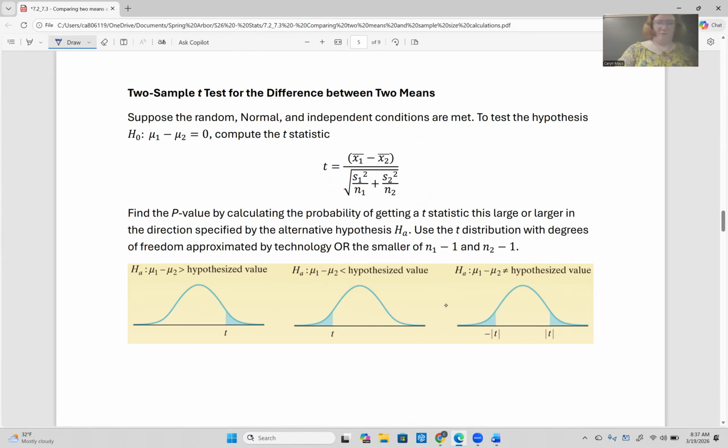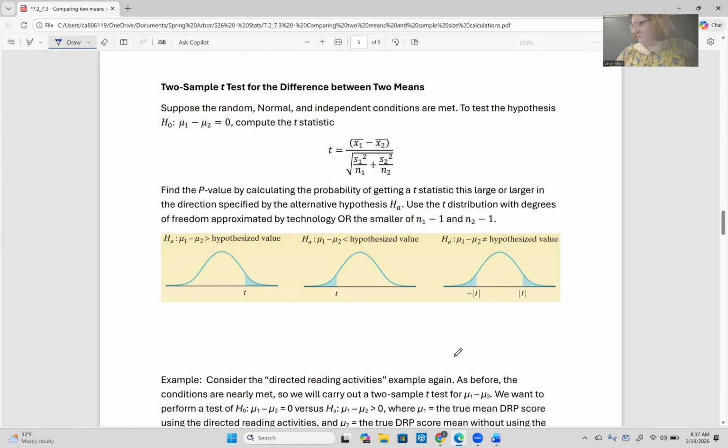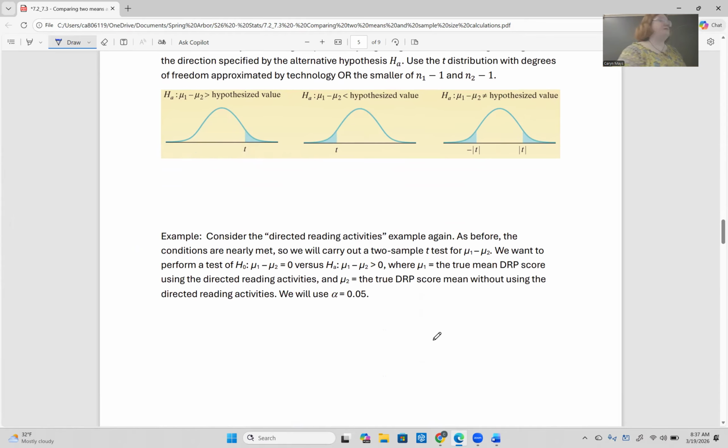So let's actually run that for our directed rating activities, the example we just did. We're going to do it again, but this time instead of the confidence interval, we're going to run a two-sample t-test. We are testing the null hypothesis, and I'm going to replace it with our t and c.